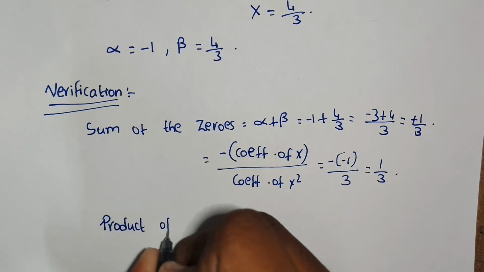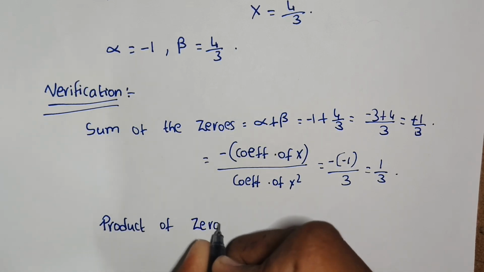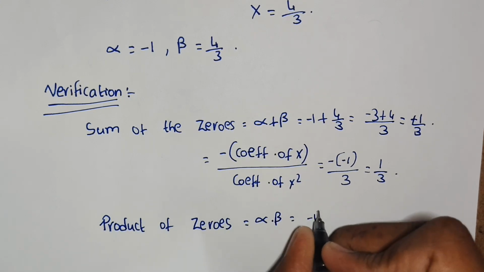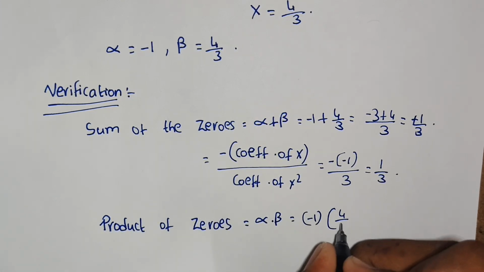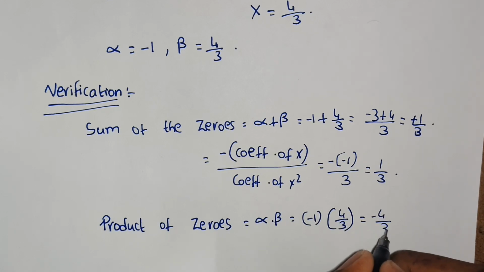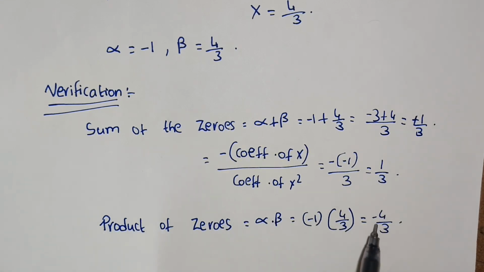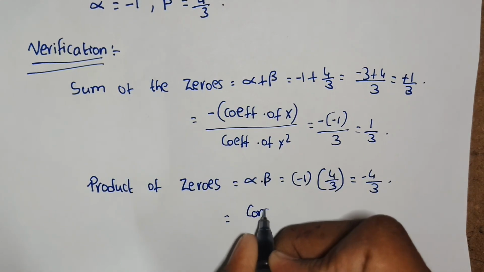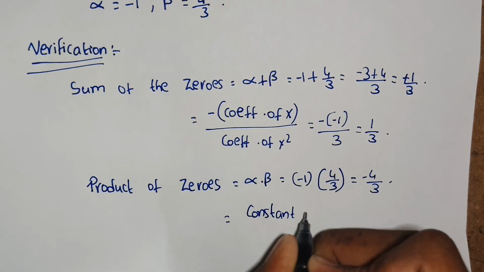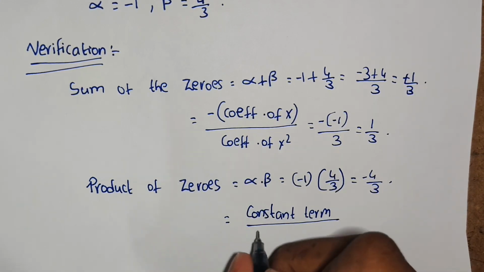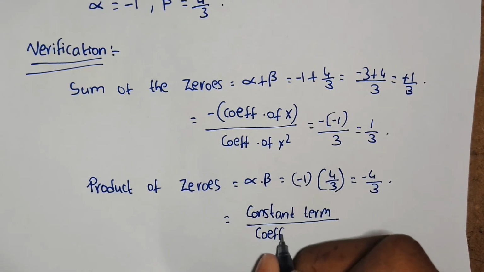So let us go to the another one. Product of zeros equals to alpha into beta, alpha is -1, beta is plus 4 by 3 equals to -4 by 3. We got -4 by 3. Now by formula, constant term by coefficient of x square.